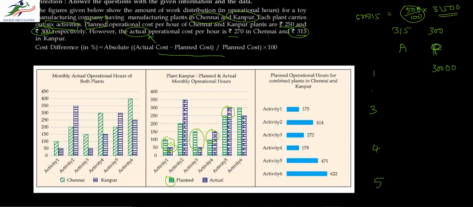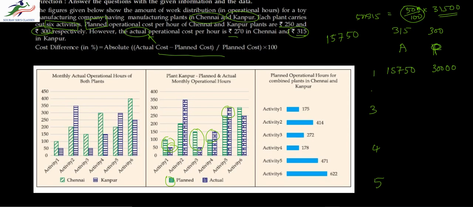So you just have to divide this by 2, which means that you straight away get 15750. So 15750 is the value of the actual cost for activity 1.